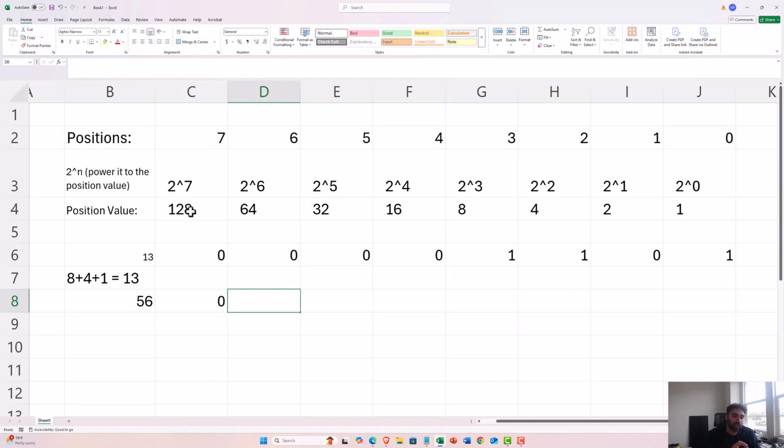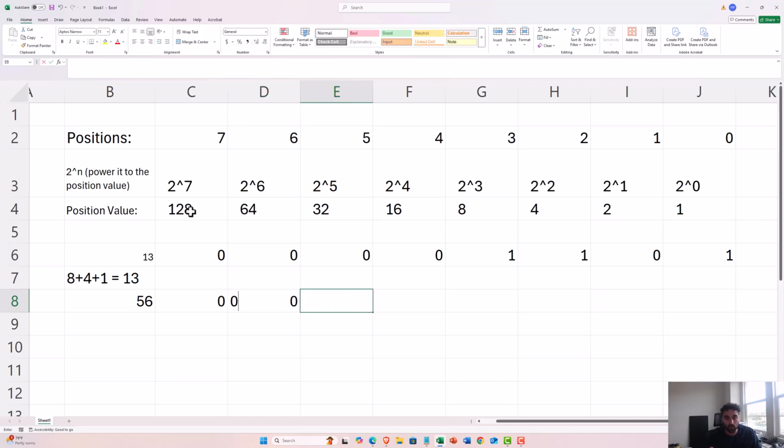To represent the number 56 in an octet, the position value of 7 will always be 0 because position value of 7 is 128. Same goes for position 6. The position value of 6 is 64, so it will always be a 0 if we're trying to convert the decimal number of 56 into binary, right?